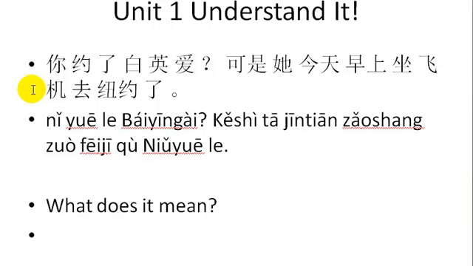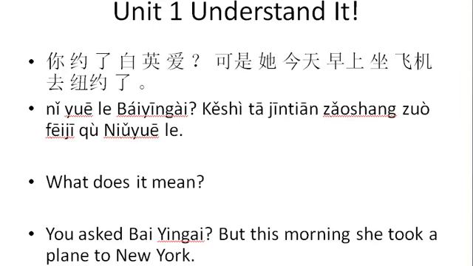你约了白英爱，可是她今天早上坐飞机去纽约了。What do you think that means? Hopefully you came up with something close to, you asked Bai Ying-ai, but this morning she took a plane to New York.